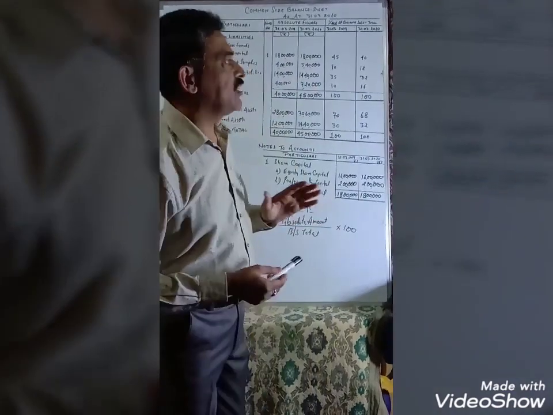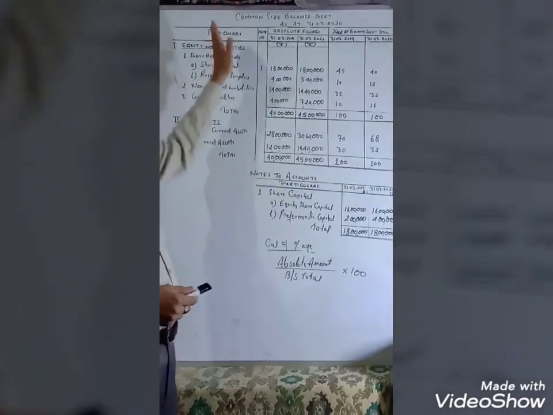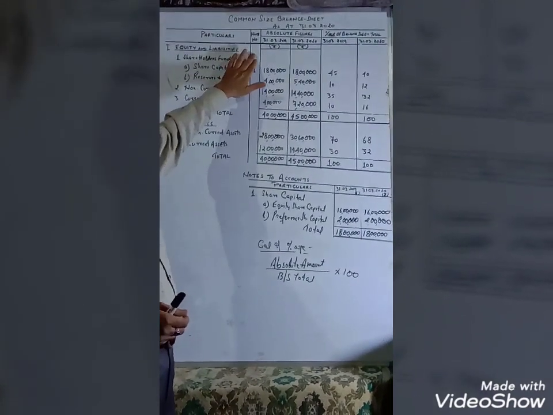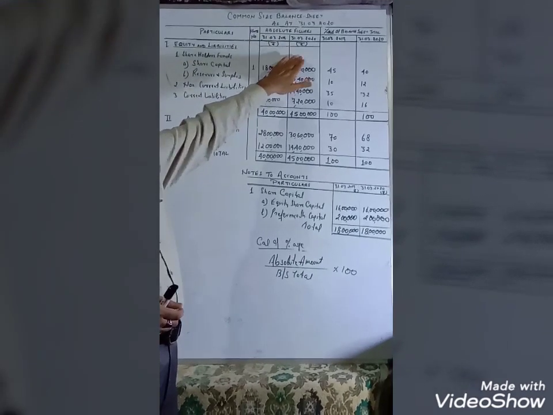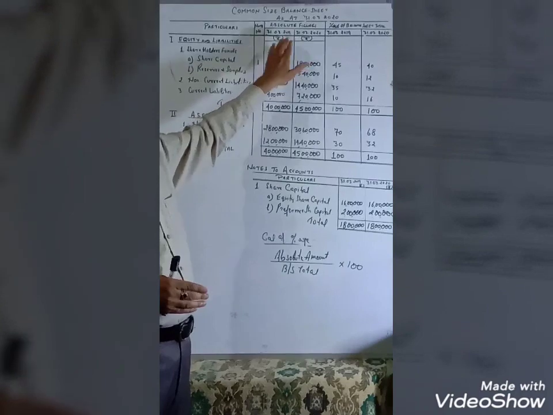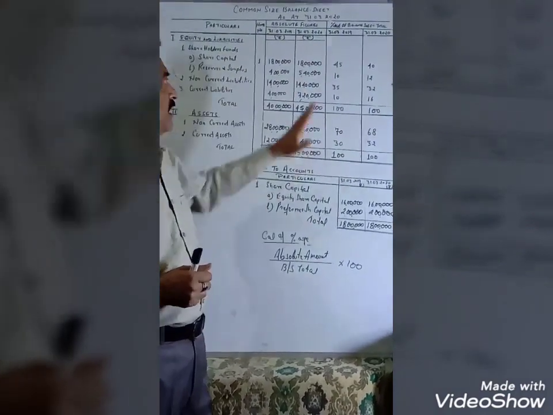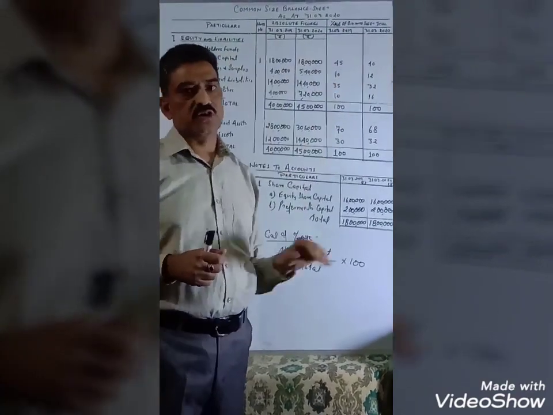Now, first of all, the formatting part. Columns will be like this: particulars, note number, absolute figures. This column will be divided into 2 parts: absolute figures for the previous year, that is 2019, and absolute figures for the current year, this is 2020. And next column is the percentage of balance sheet total.